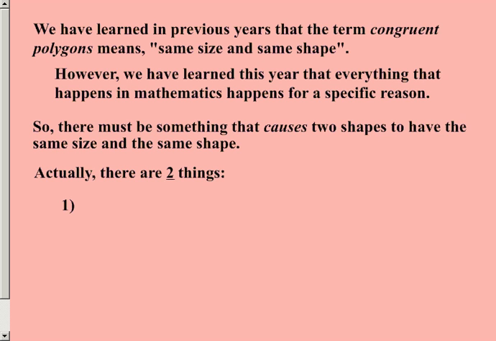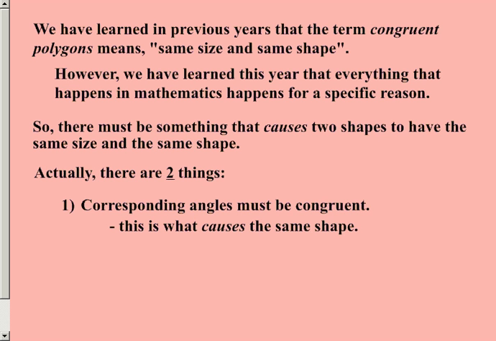The first thing that we're looking at is our corresponding angles. Our corresponding angles will need to be congruent. If we can force our corresponding angles to be congruent, then this is the information that will actually cause two shapes to have the same shape.